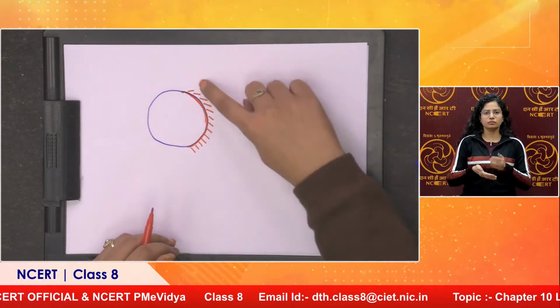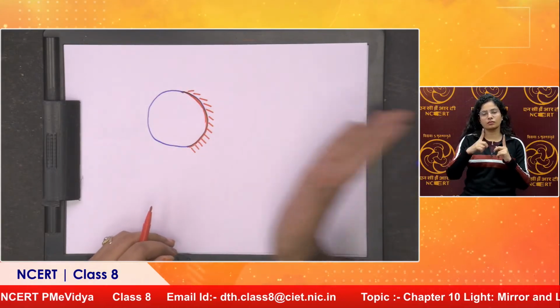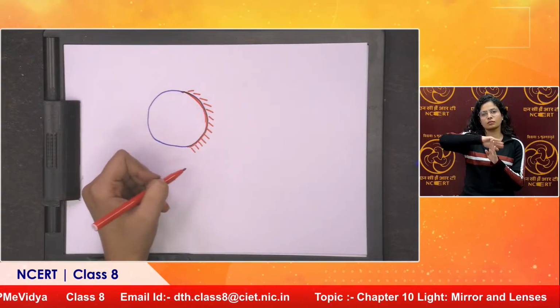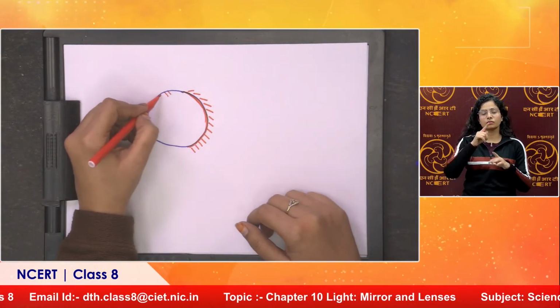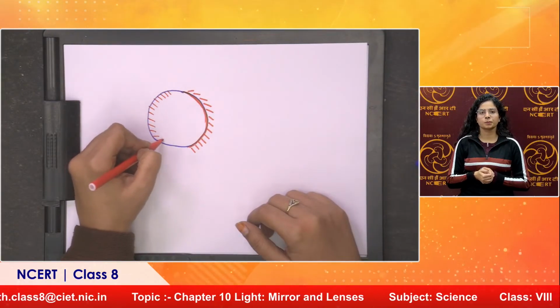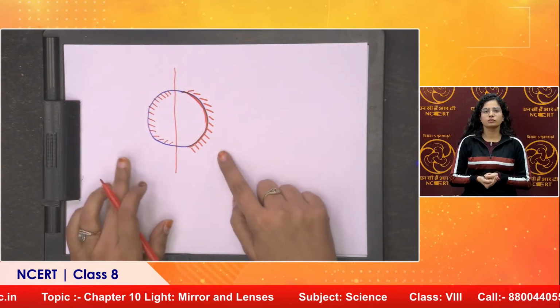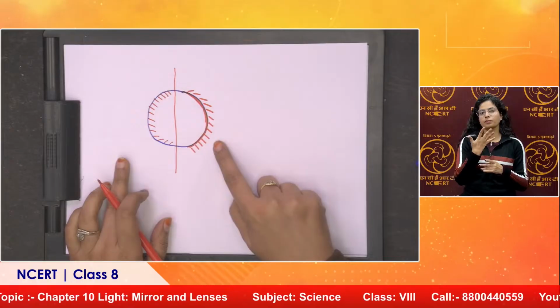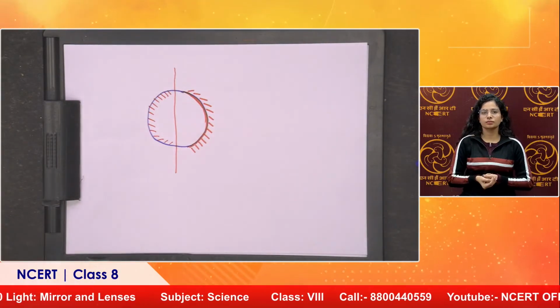By these lines we show the polished surface. The other one is this part, which is outward, and for this one the polished surface is this. When the sphere is divided, we get two mirrors. This one is one type and this one is the other type. So that's the reason.